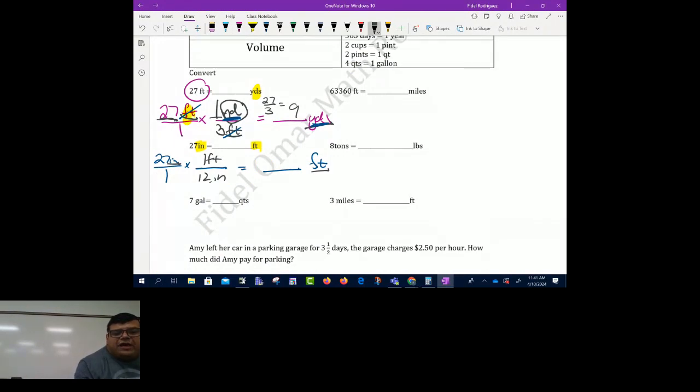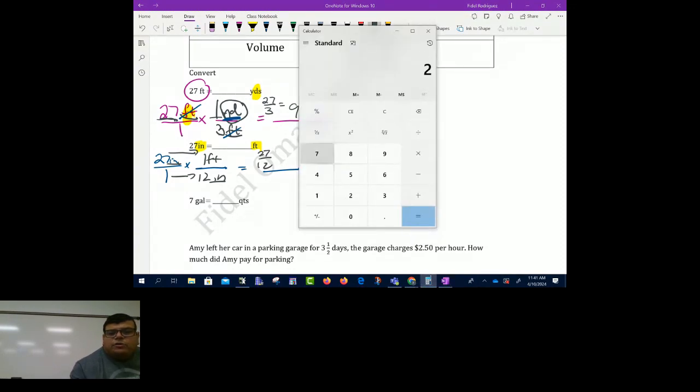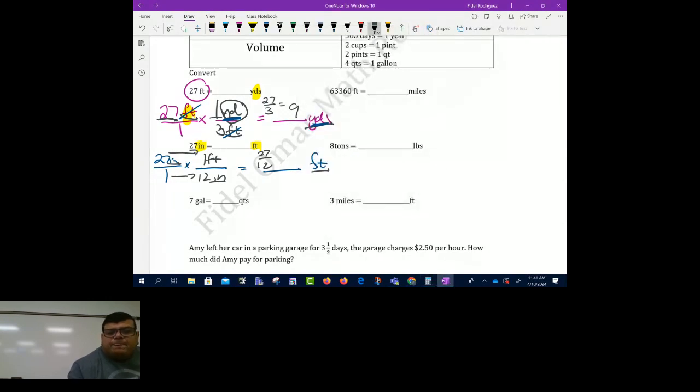Again, whatever units I have are going to go in the bottom. I'm going to multiply straight across. 27 times 1 is 27. 1 times 12 is 12. 27 divided by 12 is 2.25. 2.25 feet. And again, those inches and those inches cancel out, and feet is what we're left with.